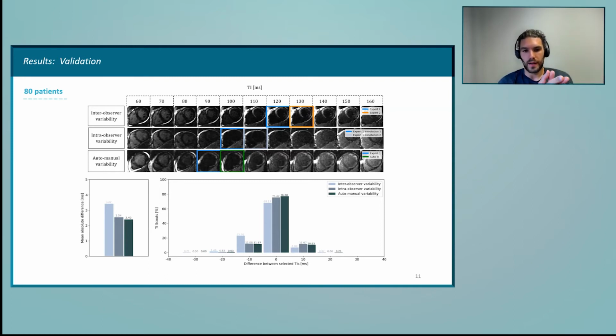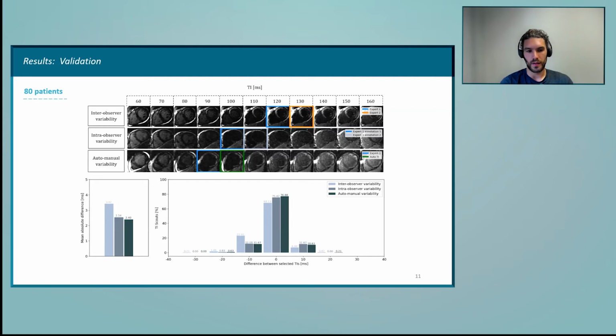We didn't select the smallest difference for the intra-observer. We randomly took the automated TI and compared it to the manual annotation of one, and we did it for each annotation. So we had 4 annotations and we did it for the inter-observer as well. But as you said, we never know what the ground truth is.